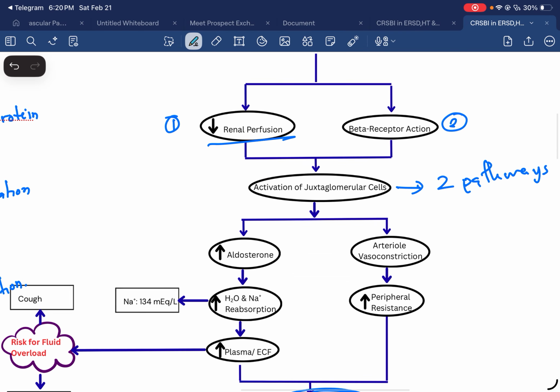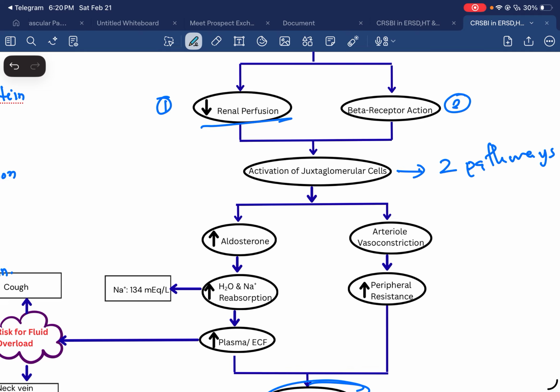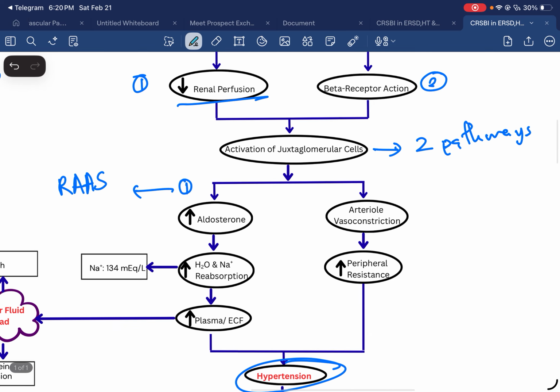When there is activation of JG cells, there are also two pathways. Number one is what we call the RAS system, and number two is vasoconstriction.